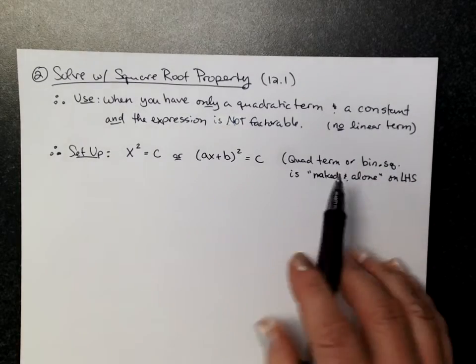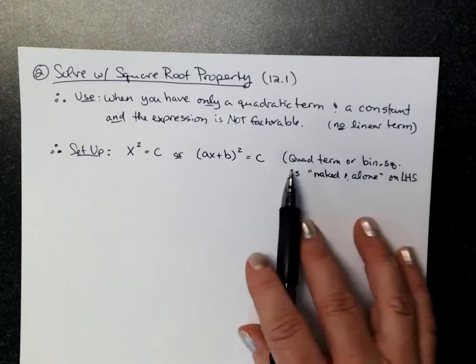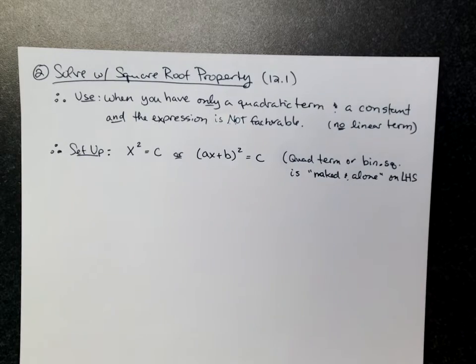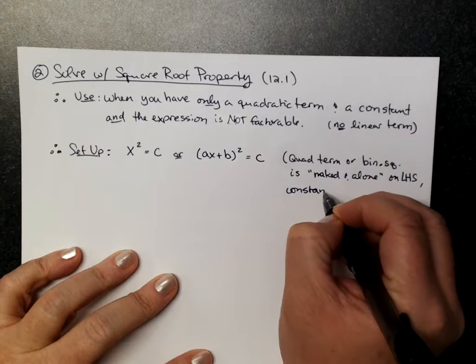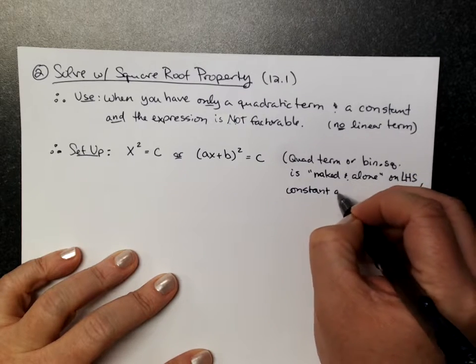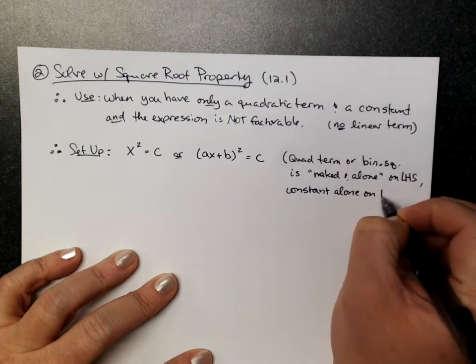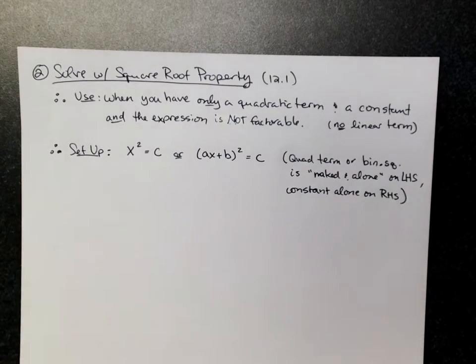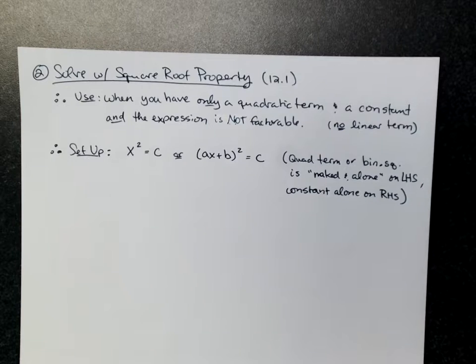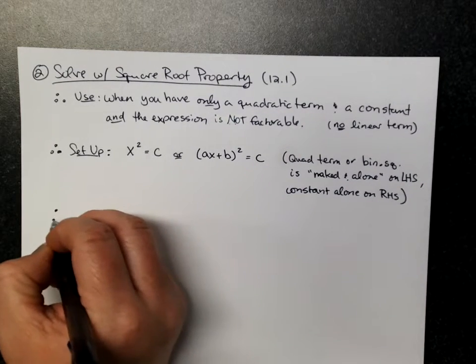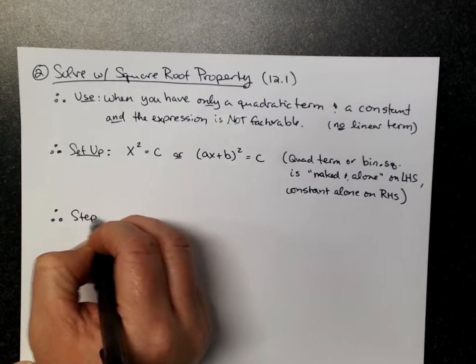So there's a quadratic term or a binomial squared that is naked and alone on the left-hand side, and the constant is alone on the right-hand side. That's the setup, both in algebraic form and in words. Okay. So, your steps.